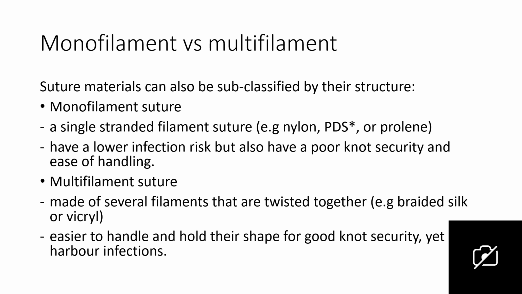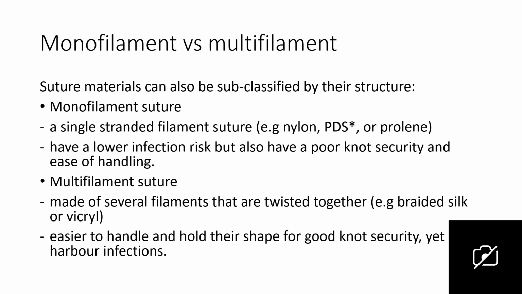Okay, monofilament versus multifilament. Suture materials can also be sub-classified by their structure. A monofilament suture is a single-stranded filament suture, for example nylon, PDS or Prolene. It has a lower infection risk but also poor knot security and ease of handling.